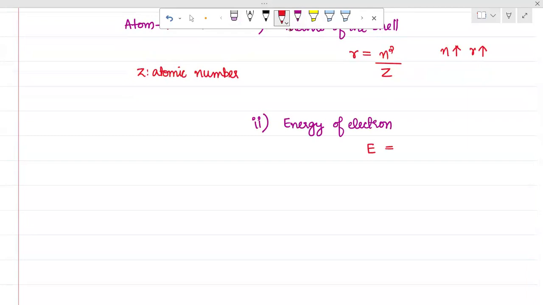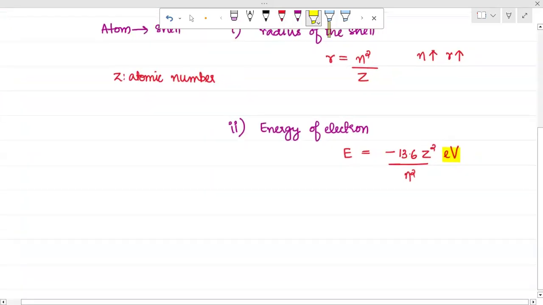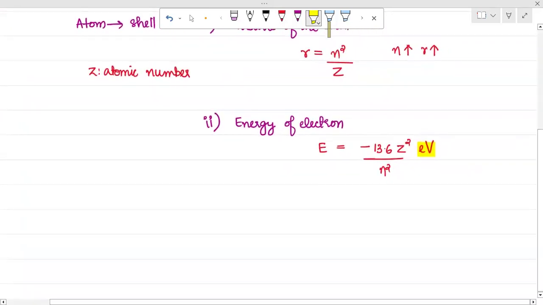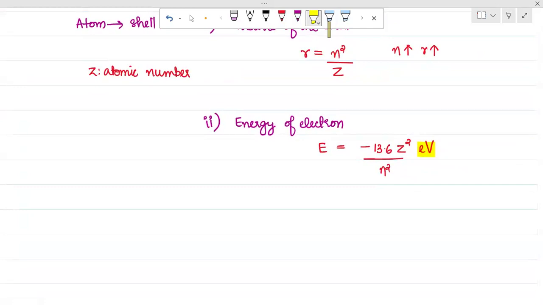Okay, so energy is equal to minus 13.6 Z square by n square, electron volts. The units are very important. Again, Z stands for the atomic number, n stands for the principal quantum number.